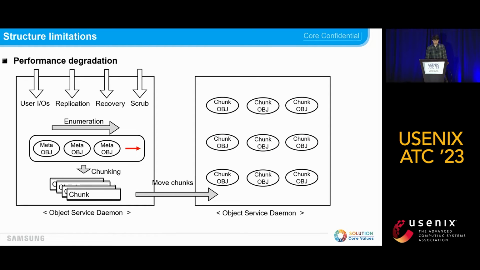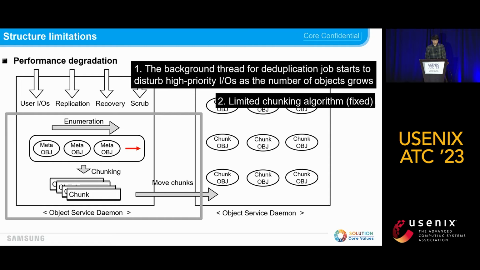The second limitation we have experienced is a structural limitation. The prior approach has a tiering structure where a background thread performs deduplication jobs such as enumeration, chunking, and moving chunks, but it significantly disturbs foreground IOs as the number of objects grows.